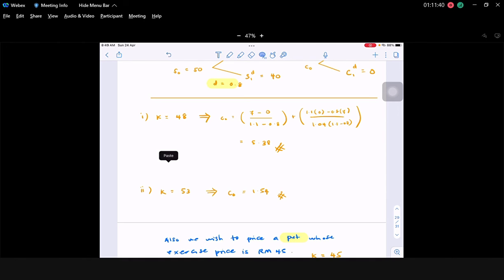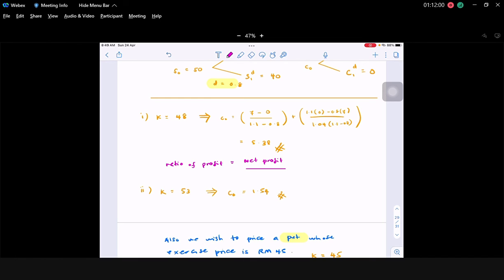So ratio of profit, kita boleh tentukan, okay, so based on net profit, okay, divided by berapa yang kita bayar lah.